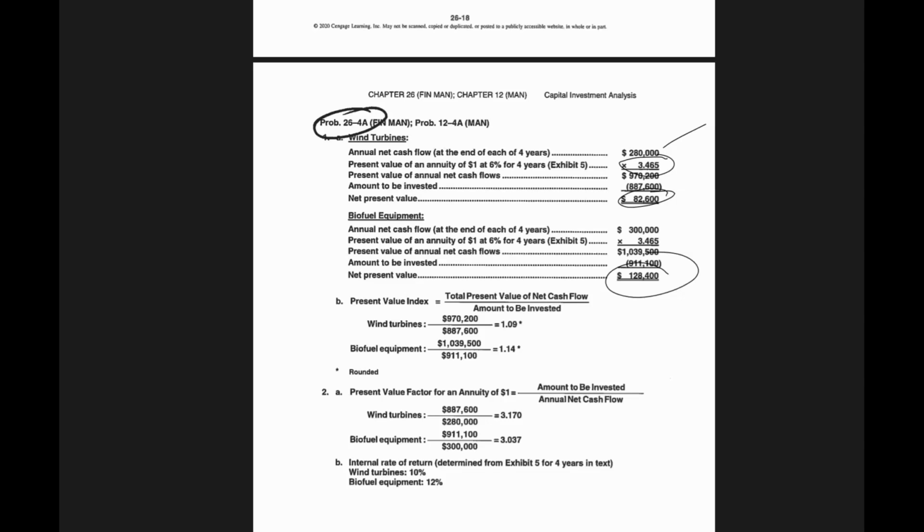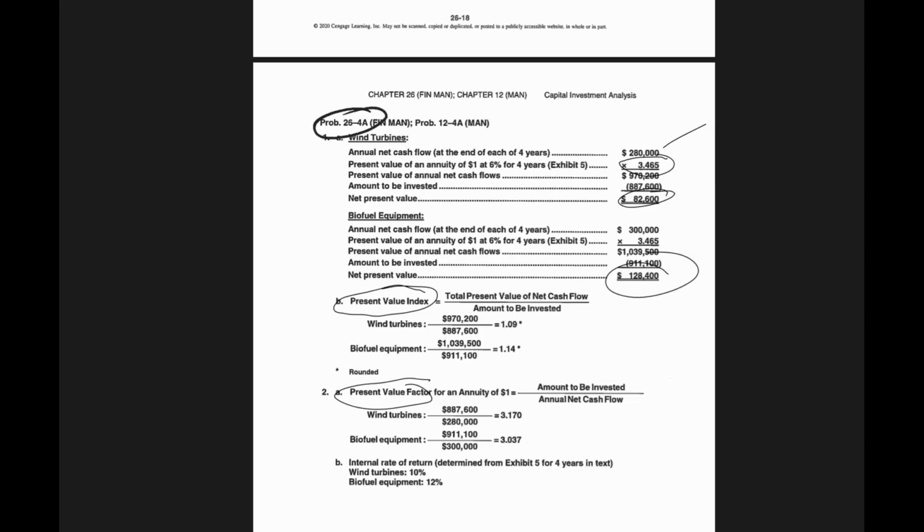Part B, it says, calculate the present value index. This is the first time that we've done that. So present value index is a calculation that we honestly do not do often. I included it in this problem because I wanted you to see how you calculate the present value index. We don't use it often, but I want to make sure you don't confuse it with a present value factor.